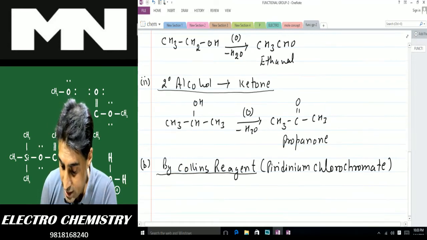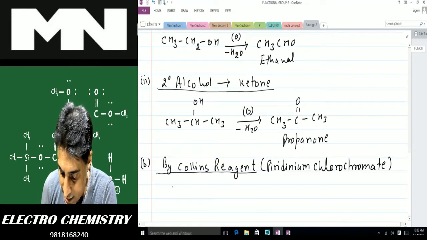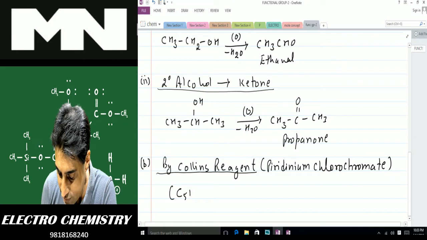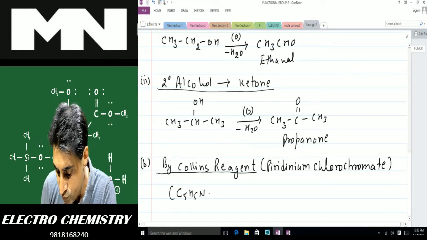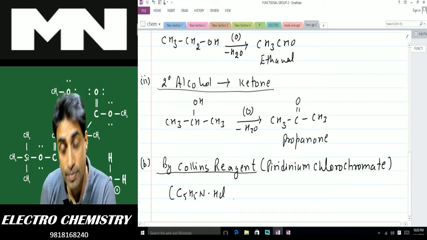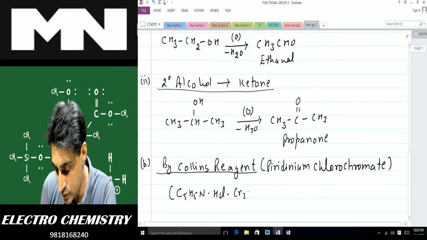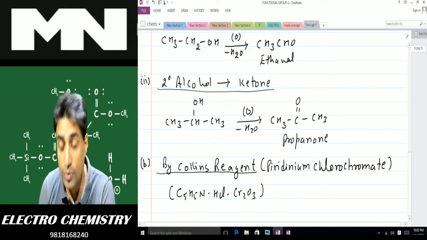Pyridinium chlorochromate consists of pyridine, that is C5H5N, dot HCl, dot Cr2O3.